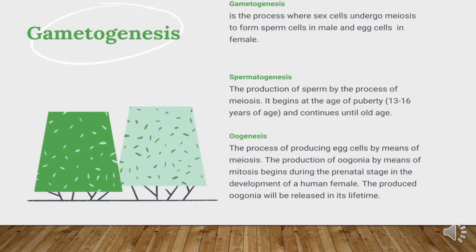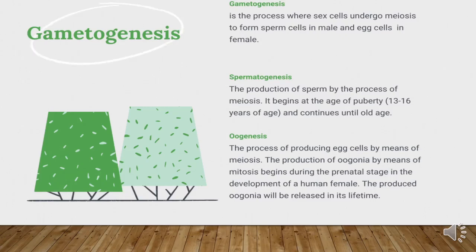It begins at the age of puberty, more or less from 13 to 16 years of age, and continues until old age. On the other hand, oogenesis is the process of producing egg cells by means of meiosis. The production of oogonia by means of mitosis begins during the prenatal stage in the development of a human female. The produced oogonia will be released in each lifetime.